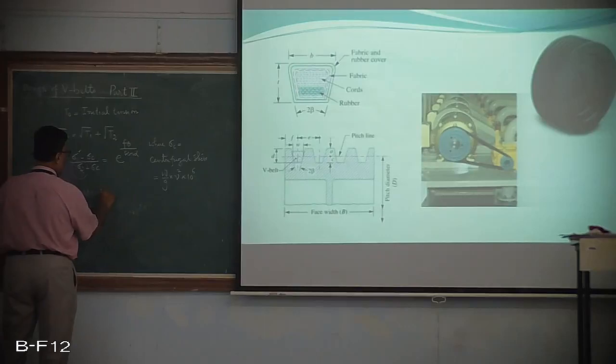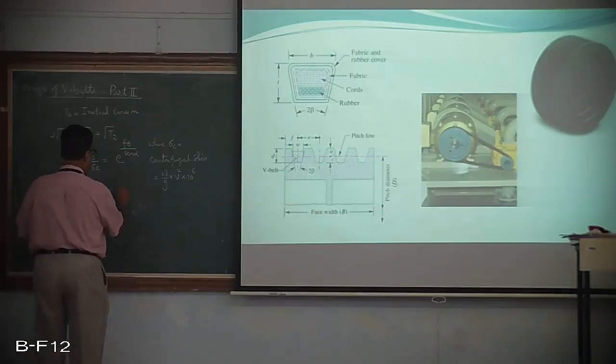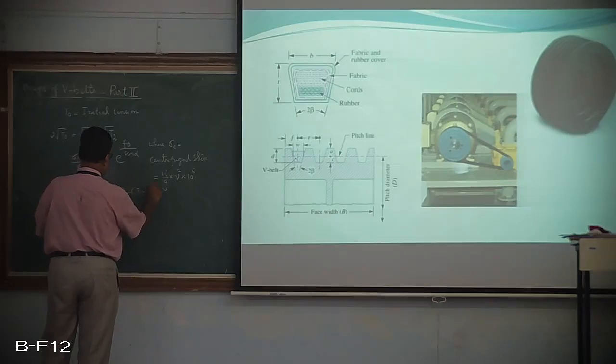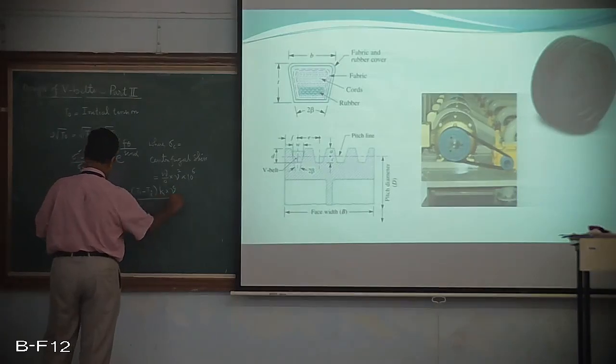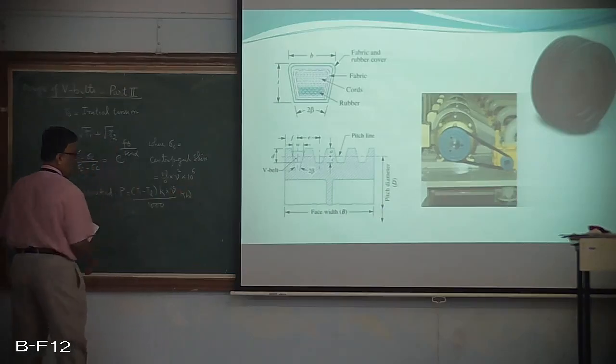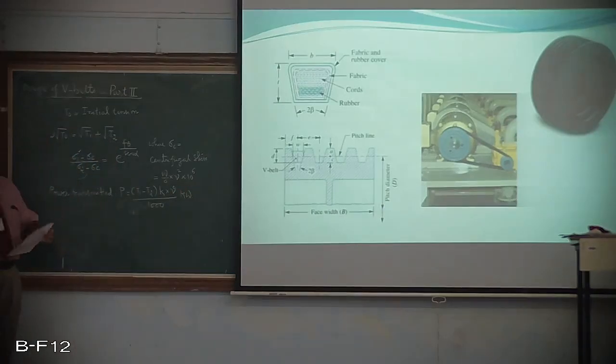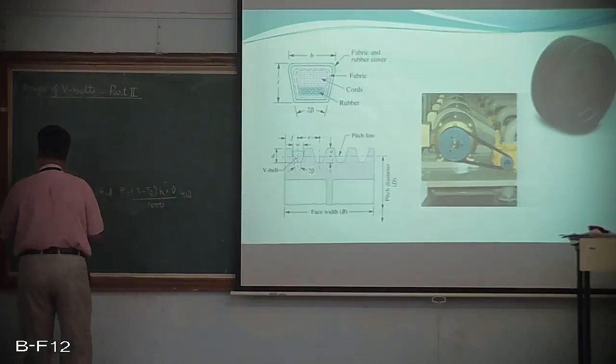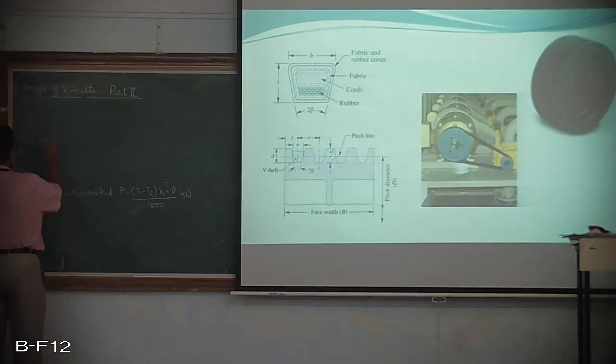If I want to know the power transmitted, P is given by T1 minus T2 into a constant, I am using a small k, into the velocity of the pulley divided by 1000. This is the formula to find out the power transmitting capacity of one belt. Now let us see what these are.